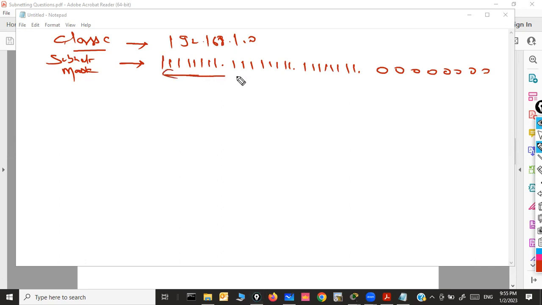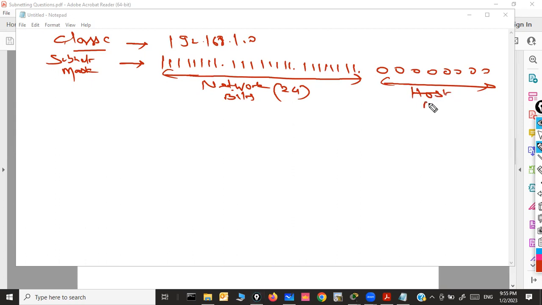This portion is known as network bits. So without subnetting, there are 24 network bits in class C and 8 host bits.